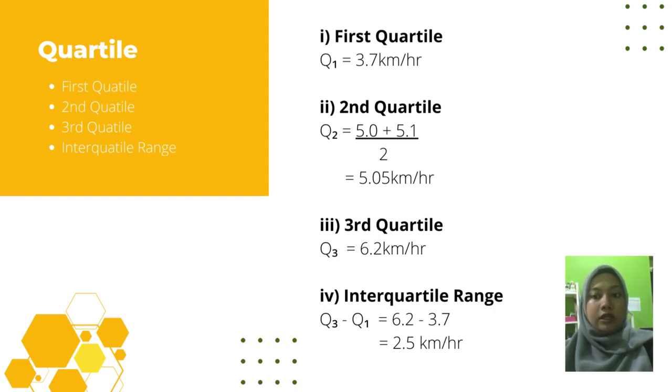The second quartile is 5.05 km per hour, which is the median value. The third quartile is 6.2 km per hour, and lastly the interquartile range, which is the third quartile minus the first quartile, equals 2.5 km per hour.